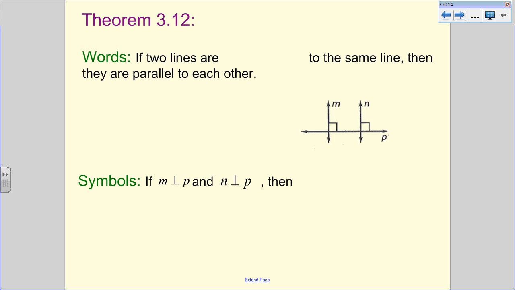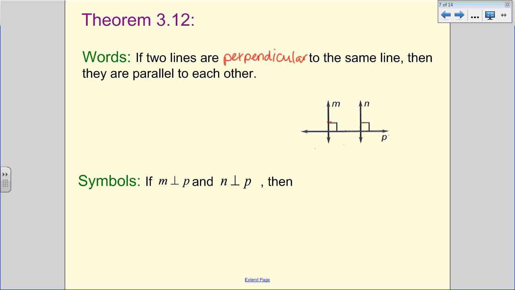So, we look at theorem 3.12. If two lines are perpendicular to the same line, then they are parallel to each other.